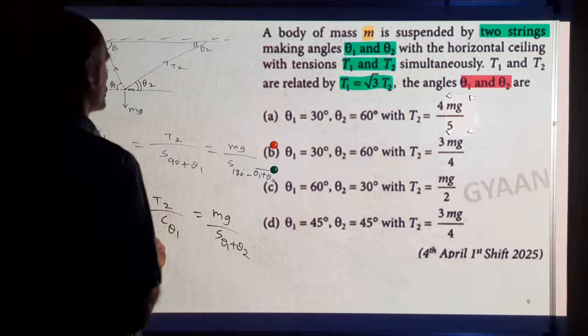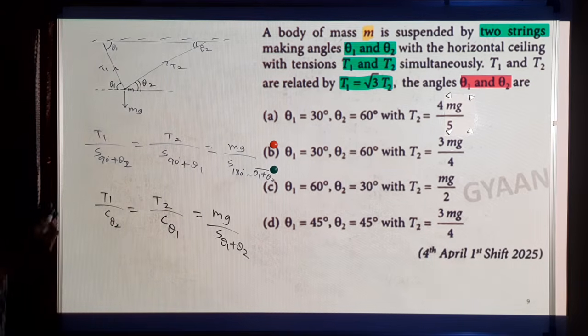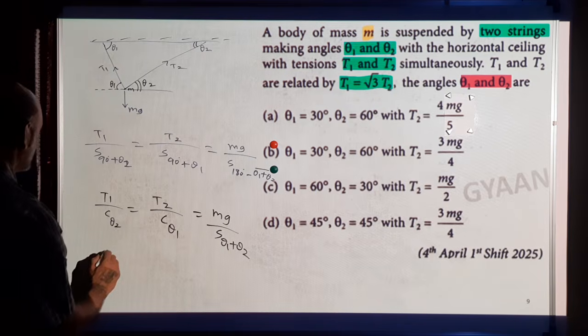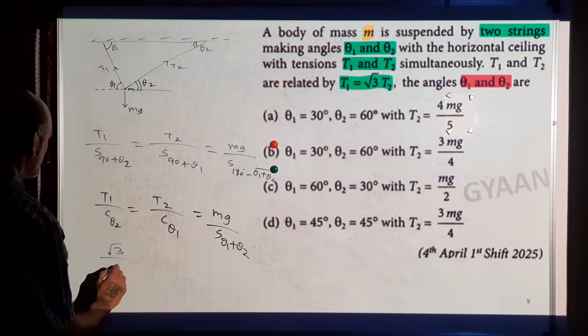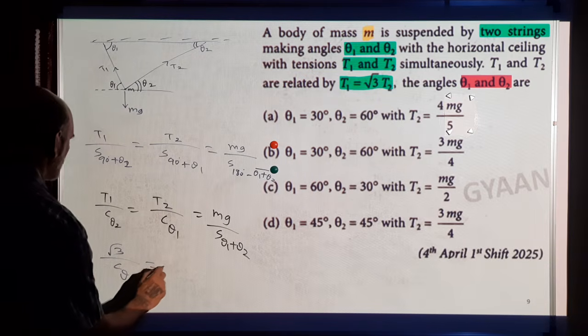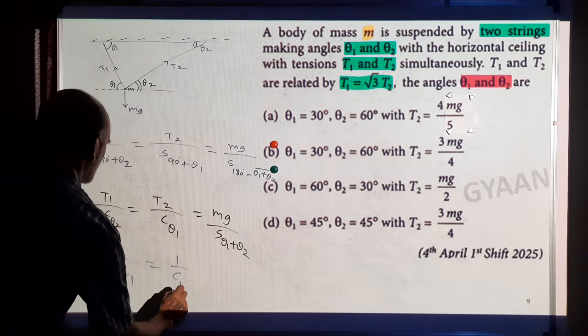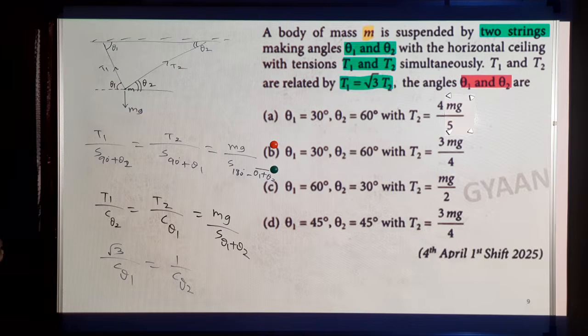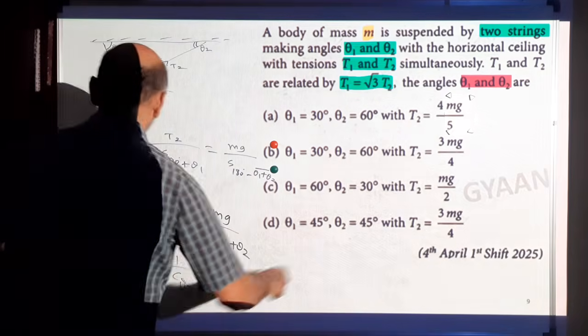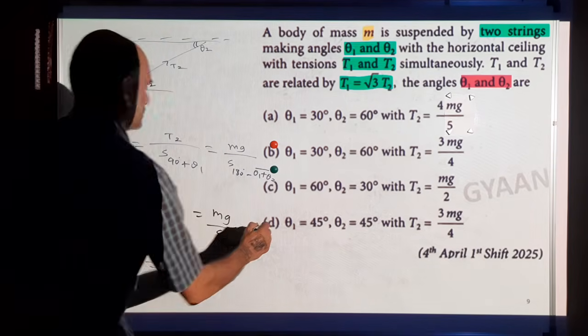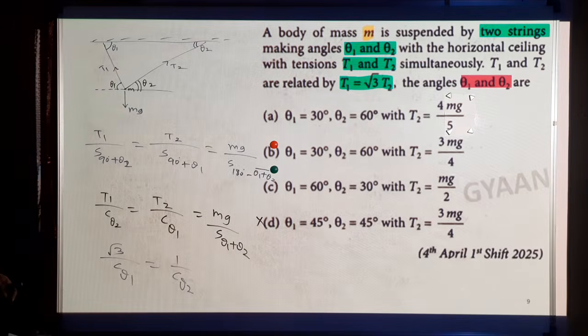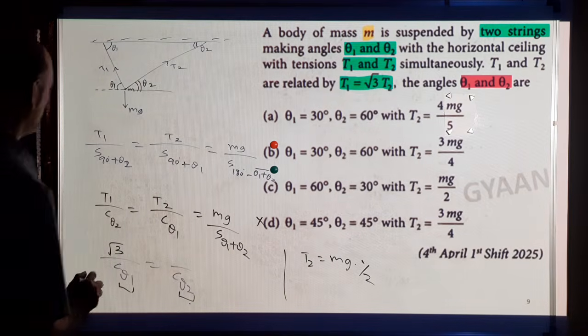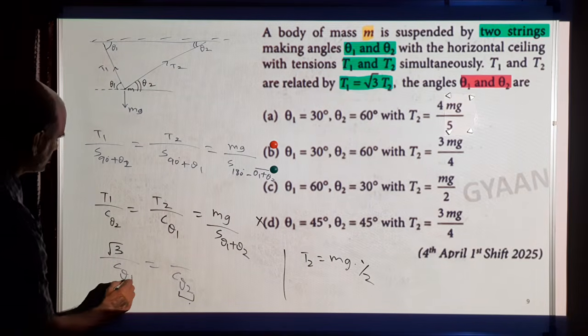And T1 is given as root 3 times T2. So T1 is more. So root 3 times 1 by cos theta2 equals 1 by cos theta1. So the two angles cannot be equal. I made a mistake here.